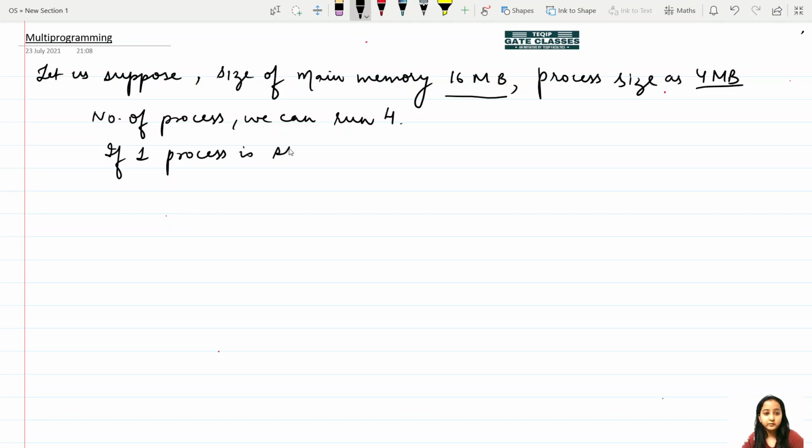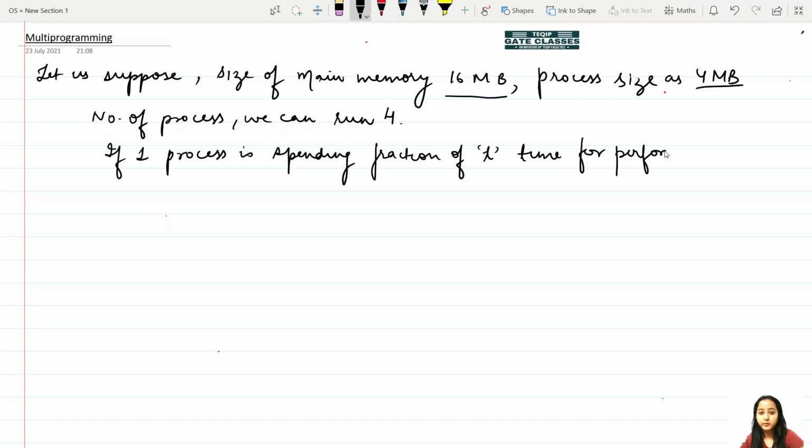Suppose a process spends a fraction t of its time waiting for IO operation.